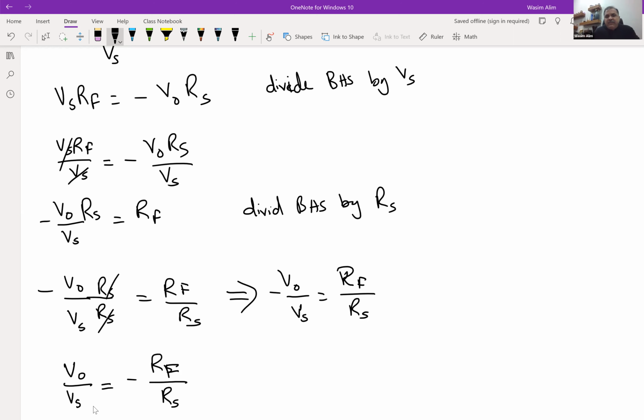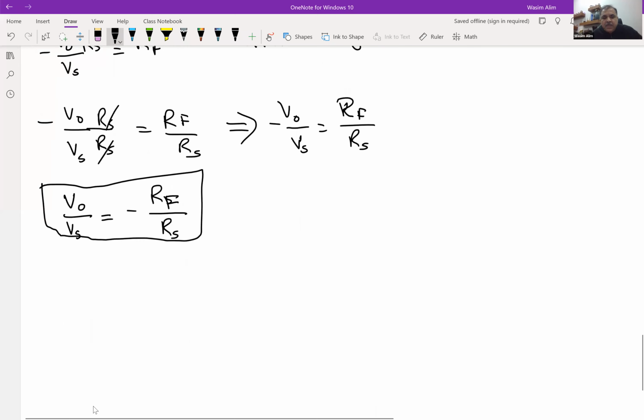So this is my gain for this circuit. If I were to analyze this circuit, and I'll give you an example shortly, you notice that this is the format by which we are connecting it.